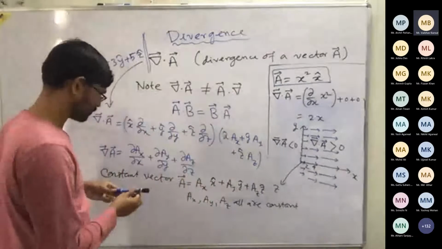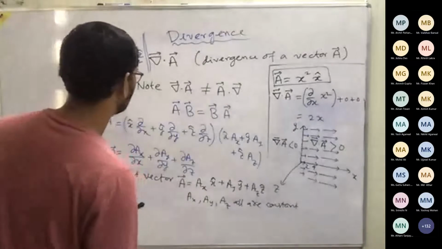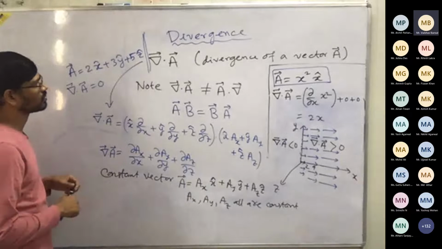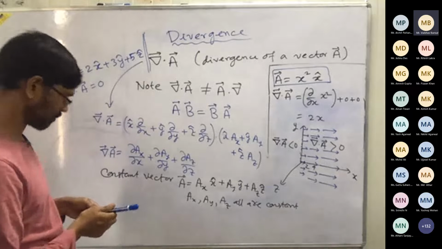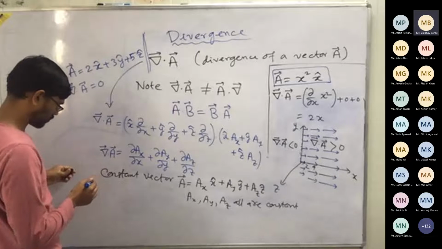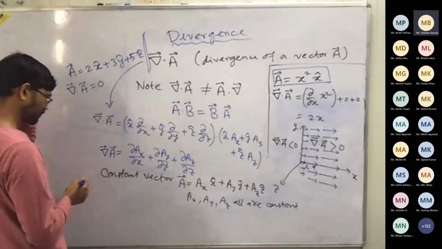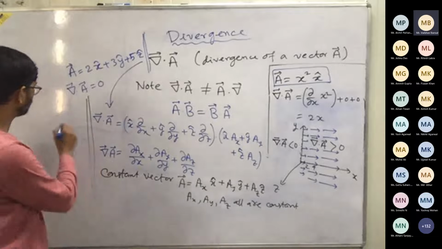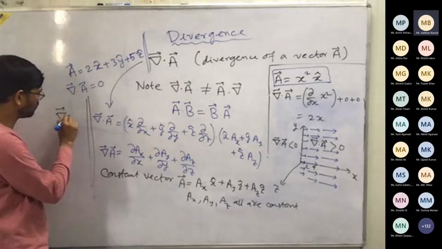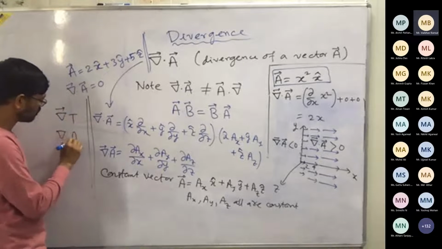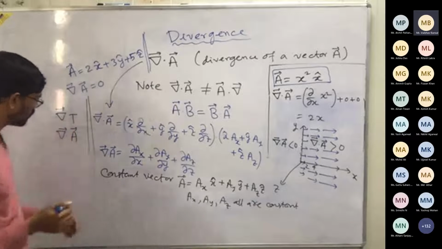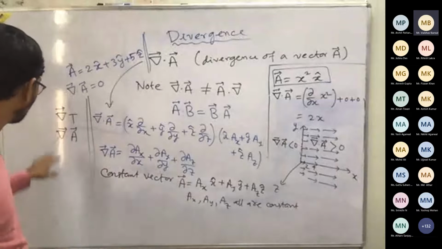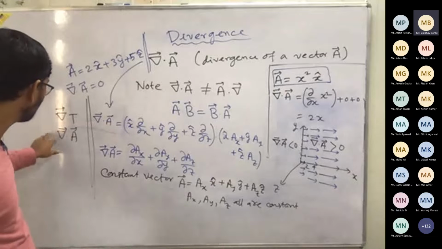Sir, can you please explain the difference between the usage of del operator with a scalar and divergence? Some differences you can identify very easily.